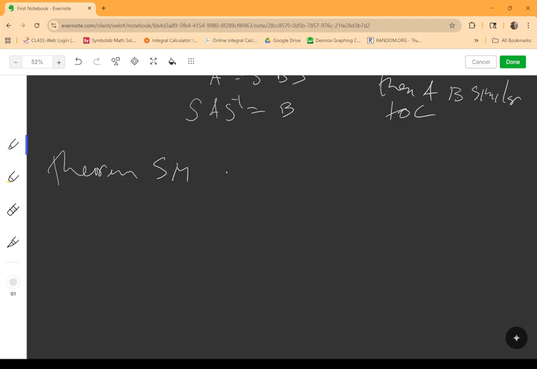The theorem states that similar matrices have equal eigenvalues.